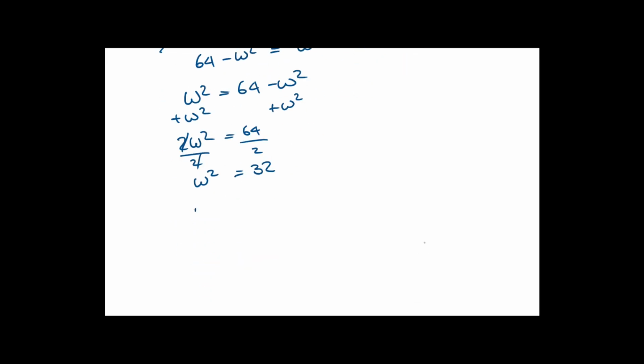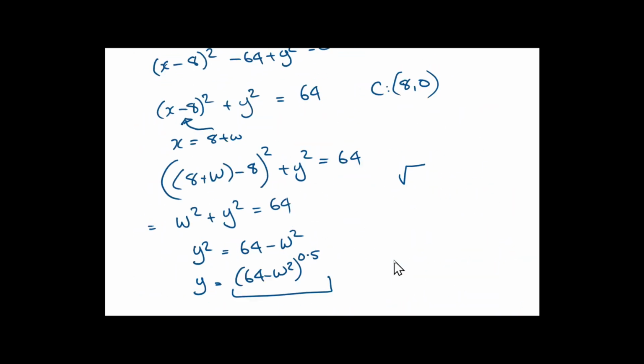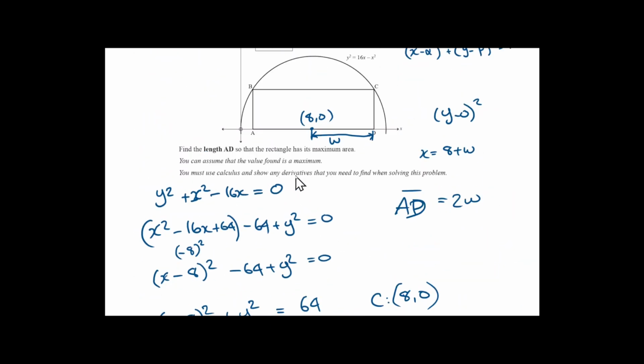And that means that W must be equal to the square root of 32, where it's maximized, because we set it equal to 0 and then solved it for W. It says presume that this is the maximum.